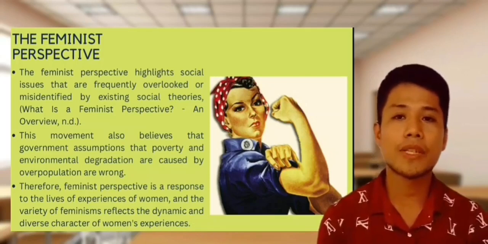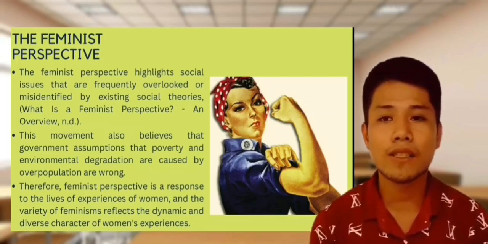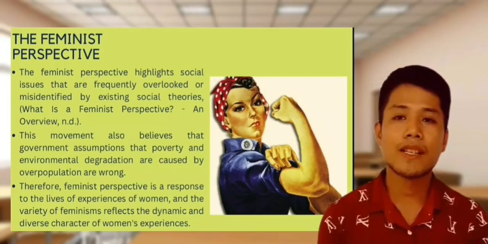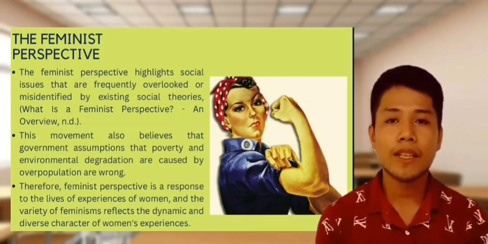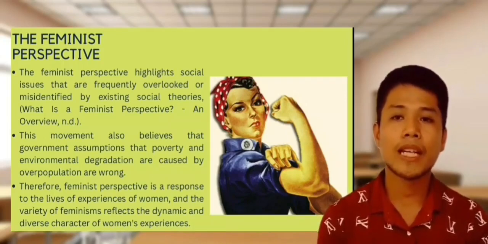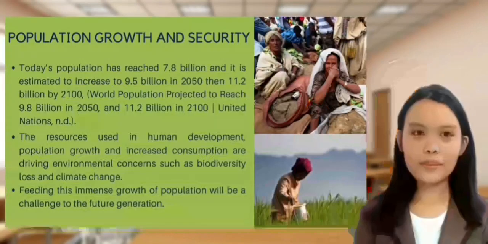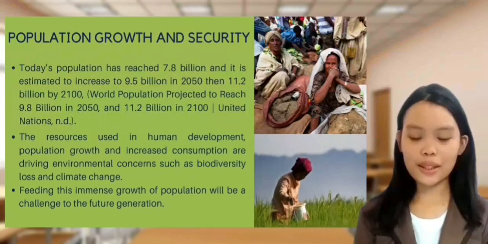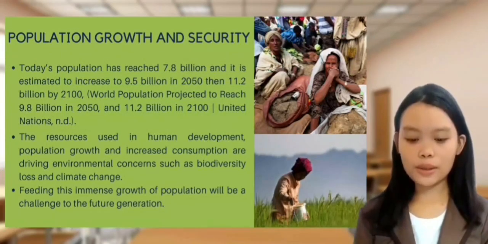Therefore, the feminist perspective is a response to the lives and experiences of women, and the dynamic and diverse character of women's experiences. Population growth and security. Today's population has reached 7.8 billion, and it is estimated to increase to 9.5 billion in 2050, then 11.2 billion by 2100.